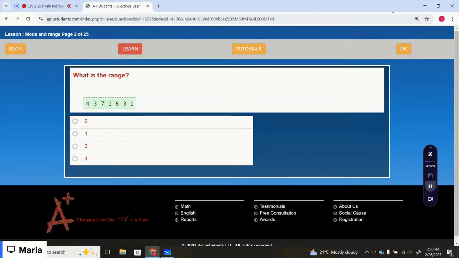The greatest number in the given data is 7 and the smallest number is 1. So 7 take away 1 is 6. Option number 1 is the correct option.